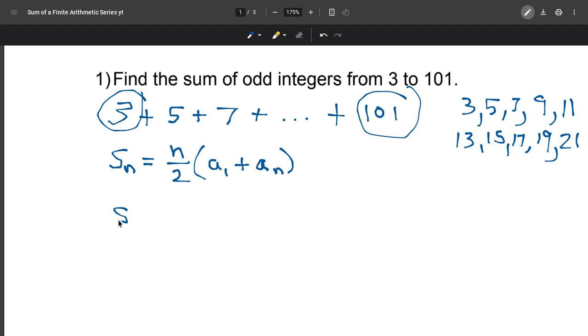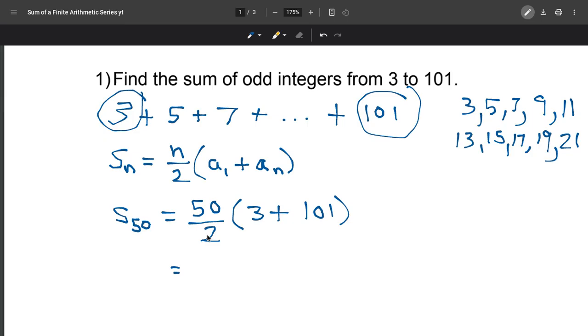So our sum of these 50 terms is going to equal 50 divided by 2 times the first term plus the last term, 101.